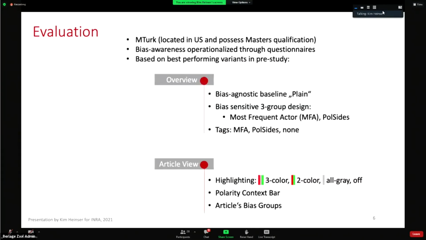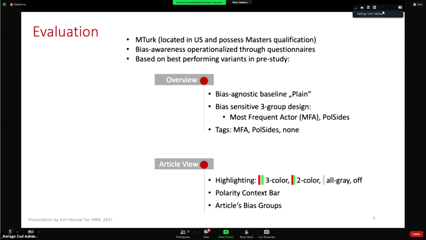Now, we tested these methods on a large sample with over 300 respondents, and they performed various tasks. So we managed to generate a lot of data through this process. We employed the study on mTurk, and we operationalized bias awareness through two questionnaires that focus on the presence of bias.